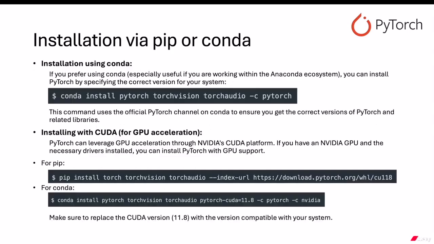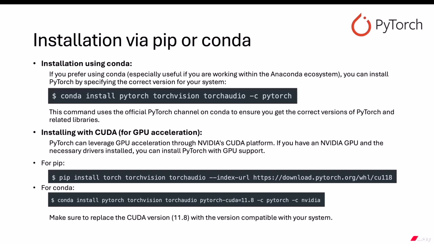If you prefer using conda, especially useful if you are working within the Anaconda ecosystem, you can install PyTorch by specifying the correct version for your system by saying conda install pytorch torchvision torchaudio -c pytorch. This command uses the official PyTorch channel on conda to ensure you get the correct versions of PyTorch and related libraries.